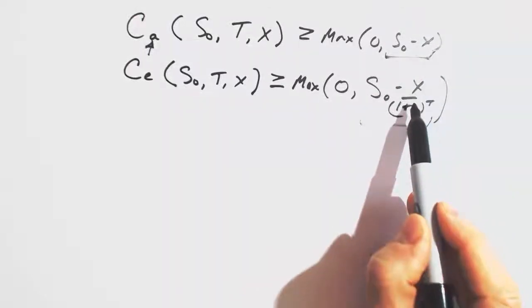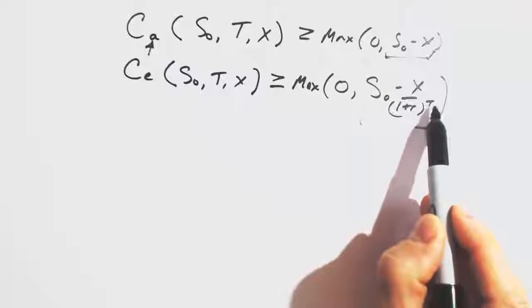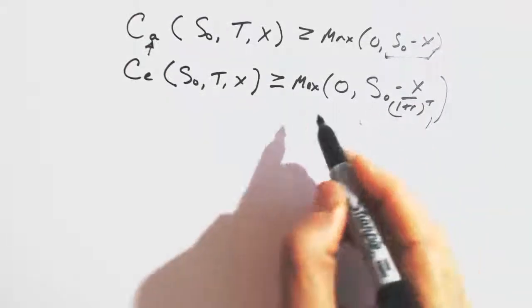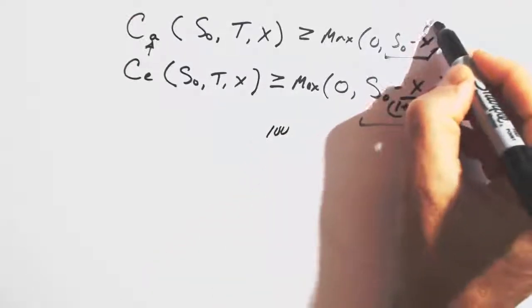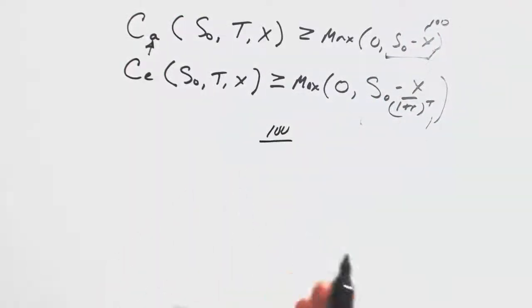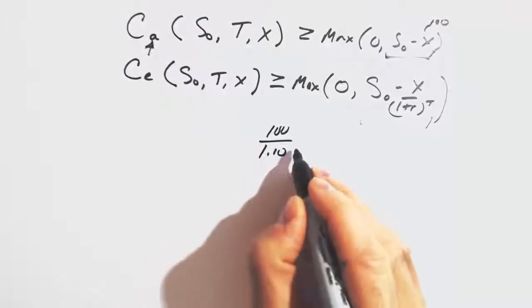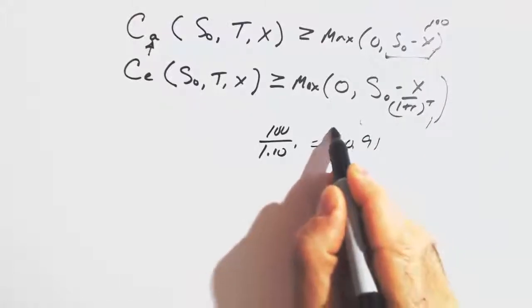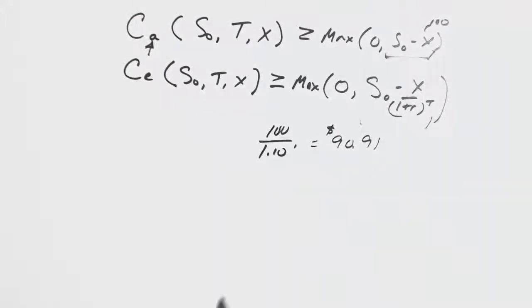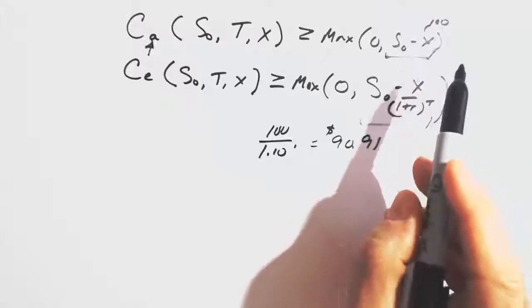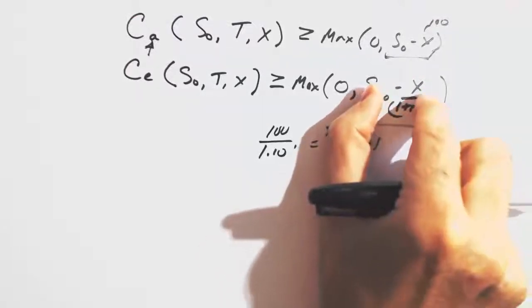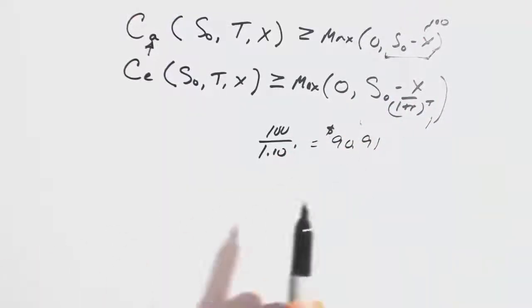And this X over (1 plus r) to the t power is simply the present value of the strike. So if the strike was 100, and let's say an interest rate of 10% and the option has a 1 year life, then this is $90.91. And so you can see that since this number is smaller, the gap here will be larger for a European. And why are we even making this distinction?